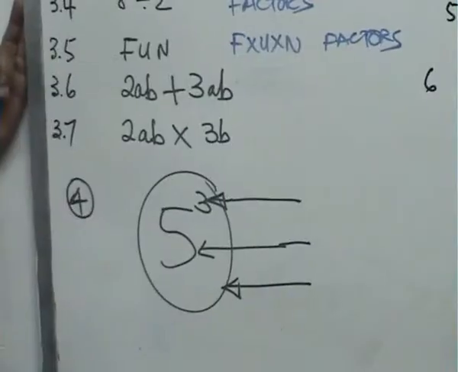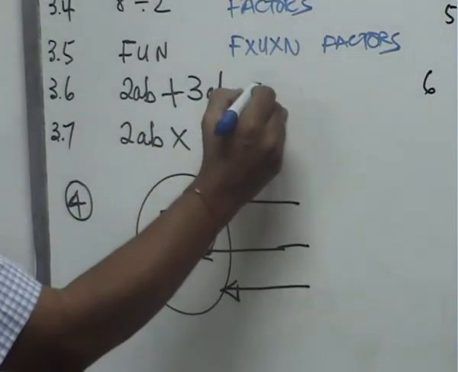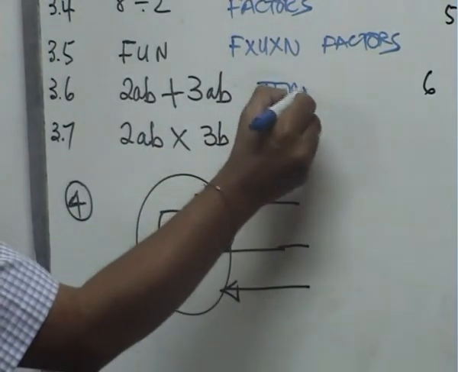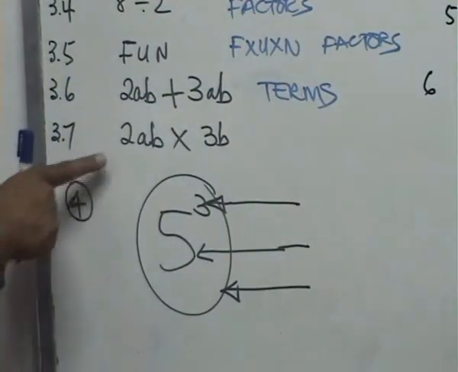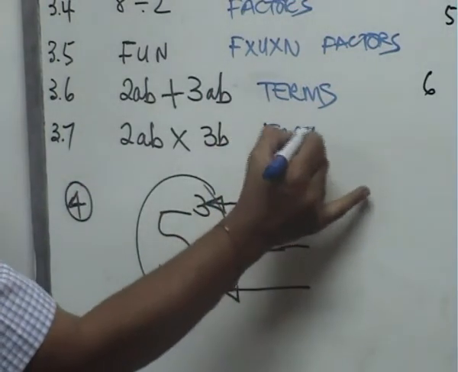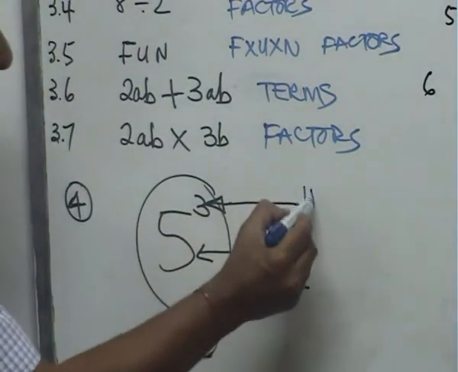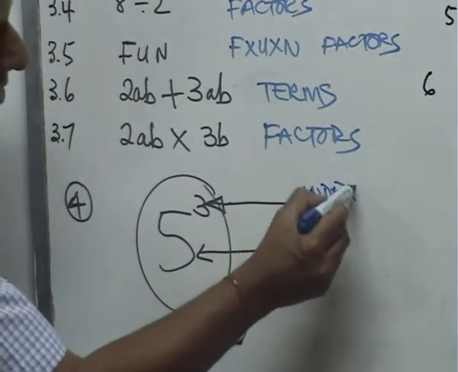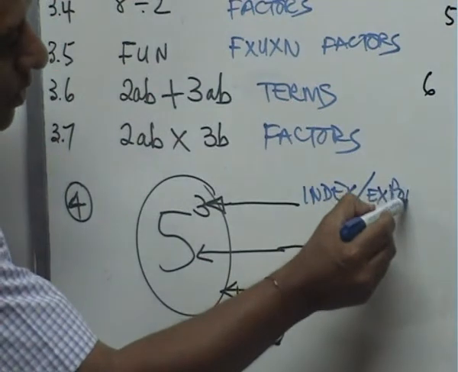And the next one is clear. 3.6, we are showing 2 terms. We are separated by plus signs. And 3.7 is separated by a multiplication sign, so it's factors. Number 4, to label, the 3 is the index, or another word for index is exponent.